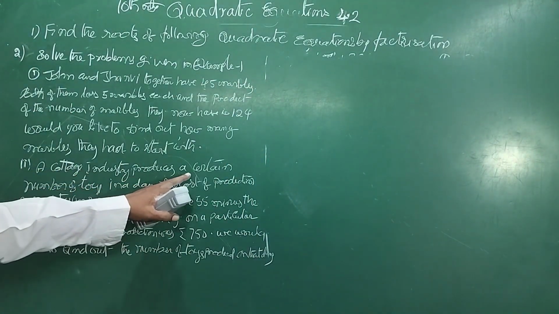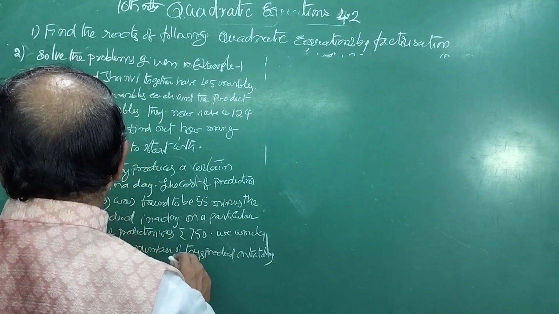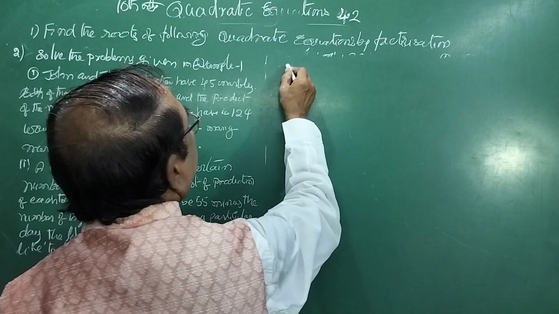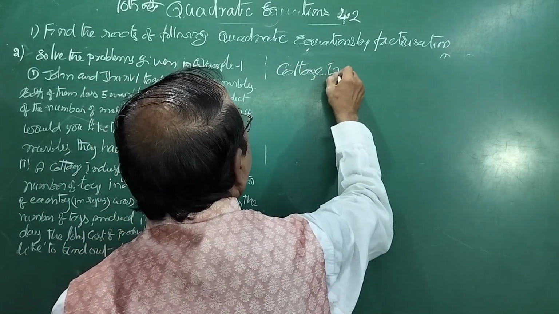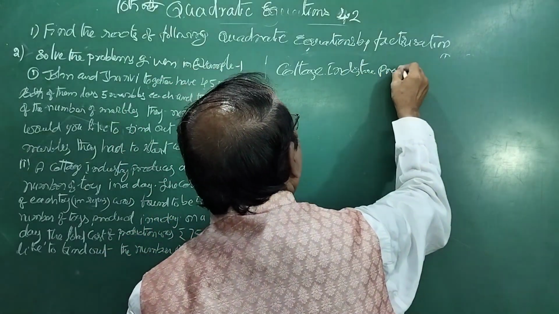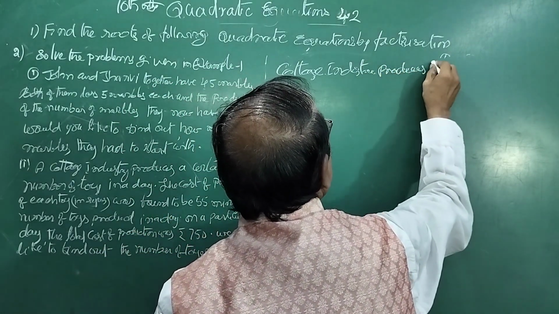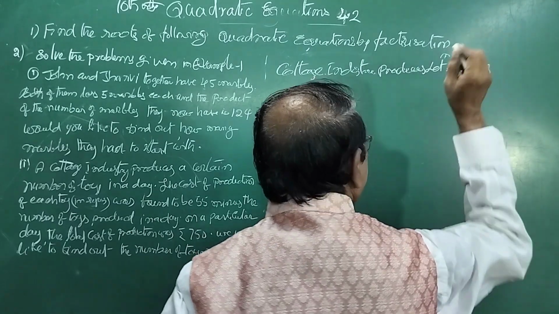A cottage industry produces a certain number of toys. It produces how many? X toys.